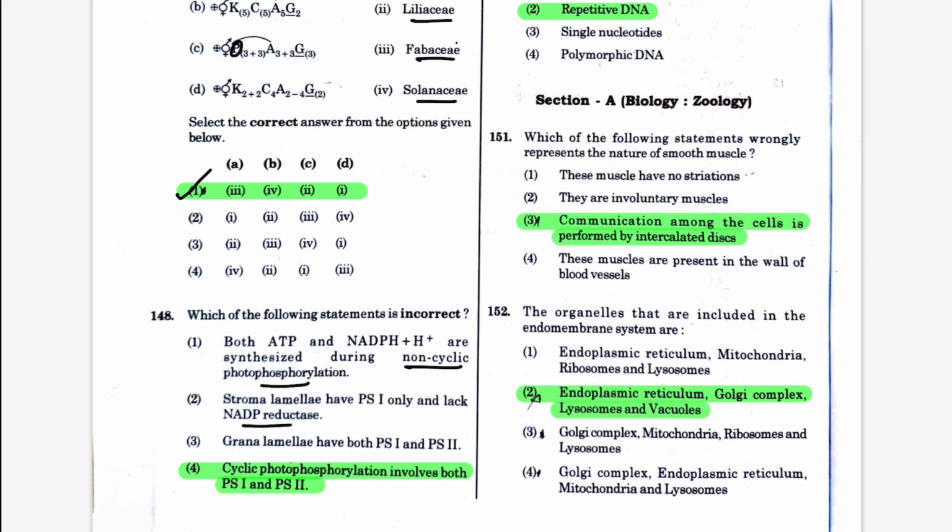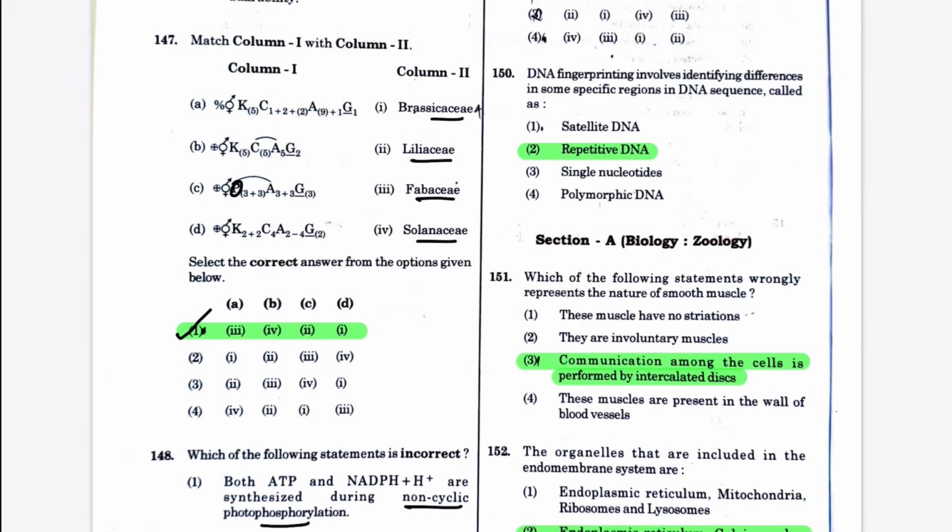Yes, it is right. Grana lamellae will have both PS1 and PS2, so it will undergo non-cyclic photophosphorylation. But look at the last option: in cyclic photophosphorylation, it will involve both PS1 and PS2. It is wrong, right? Cyclic photophosphorylation will involve only PS1. So for 148, the answer is 4.